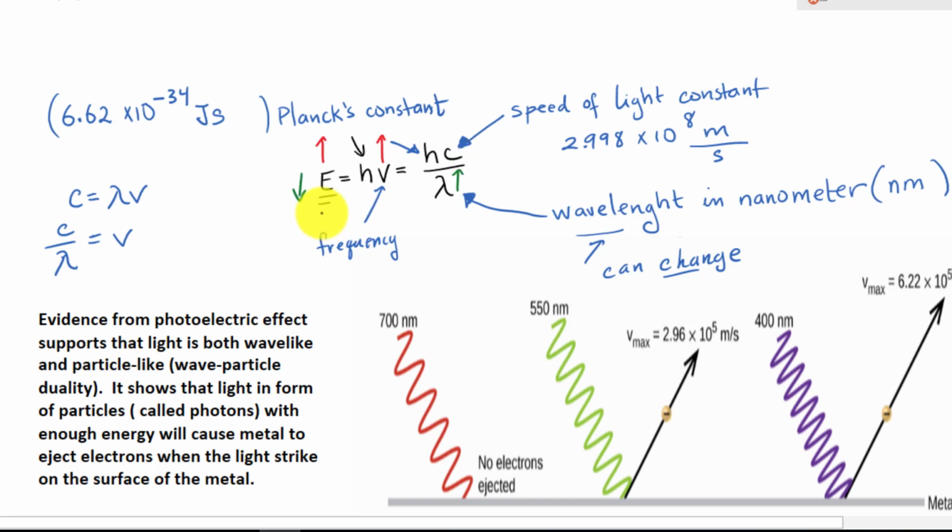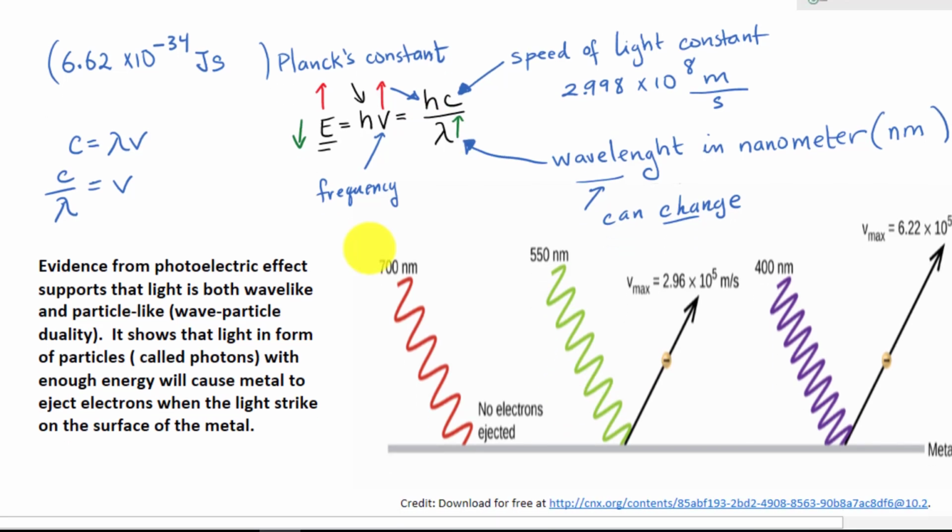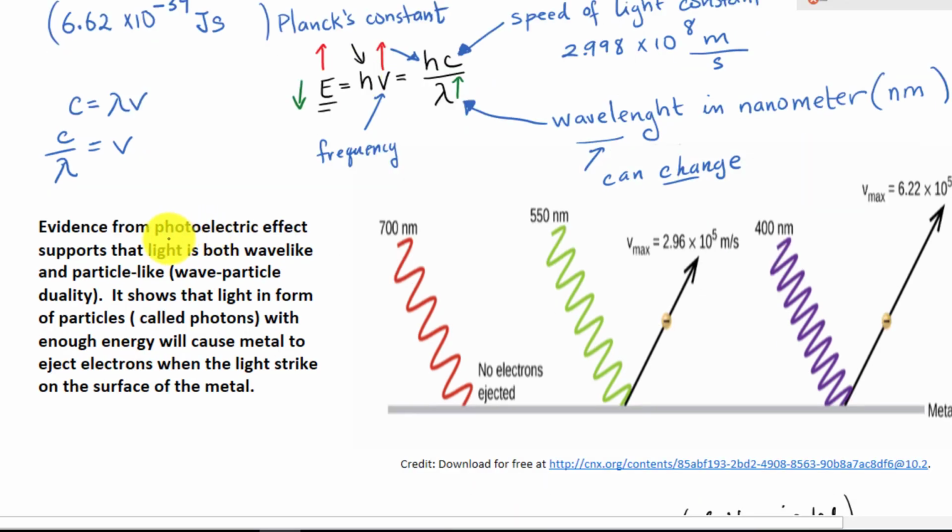Now that you have learned how energy is related to frequency and wavelength, let's talk about the experiment that is actually supporting this concept. There is something called the photoelectric effect. The photoelectric effect is actual evidence collected in our data. It basically supports that light exists as both wave-like and particle-like.